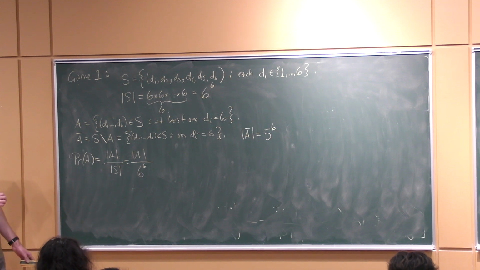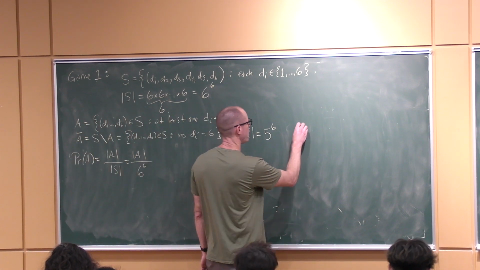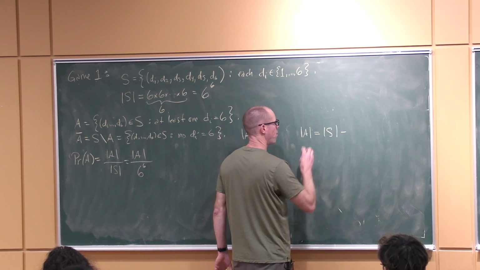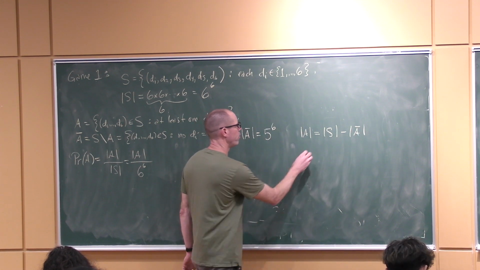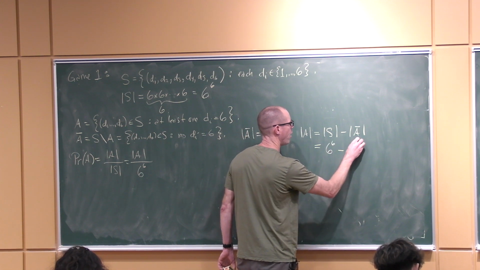Good. And now, the complement rule says that the size of A is equal to the size of S minus the size of A bar. We know everything here now. That's 6 to the 6 minus 5 to the 6.